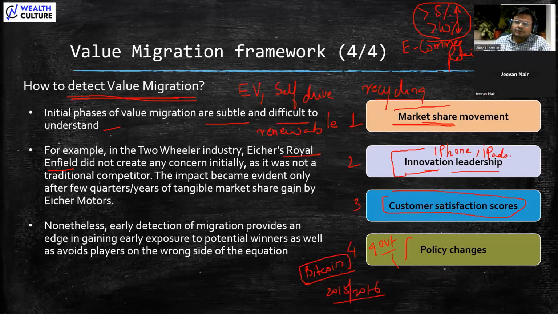But the government came out with a regulation in 2021, quite late, after which, at this point, Bitcoin had already become very big. So typically, policy changes will come through, and that's when you know that it is starting to become big. That's when you know that this value migration is serious, right?